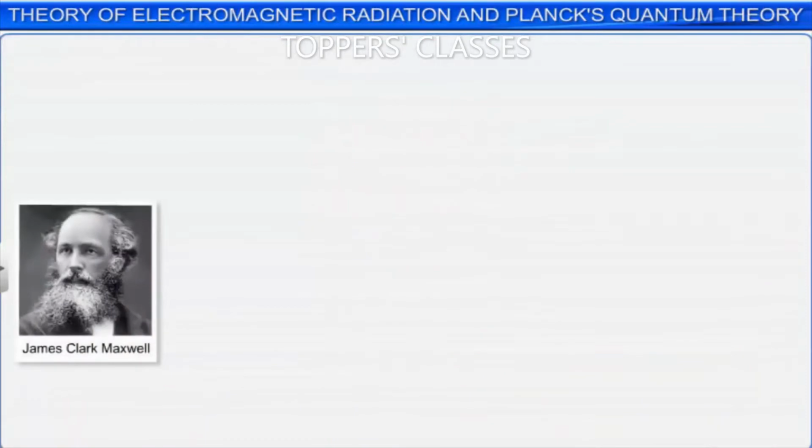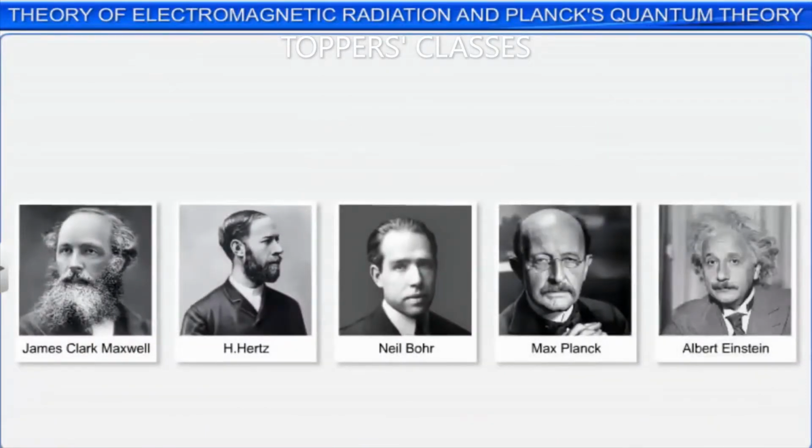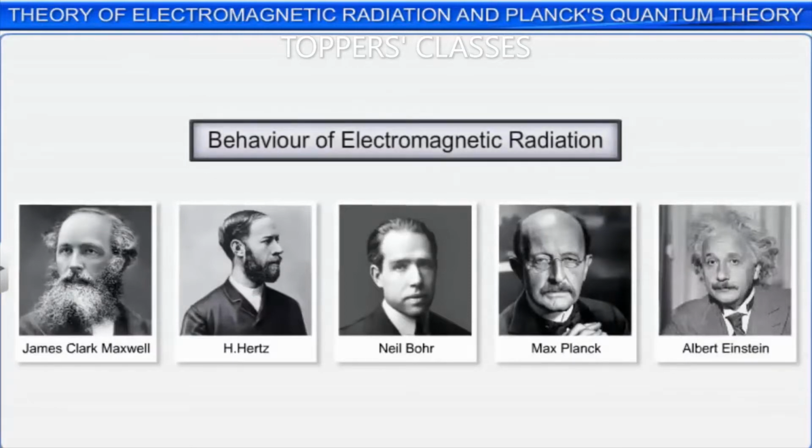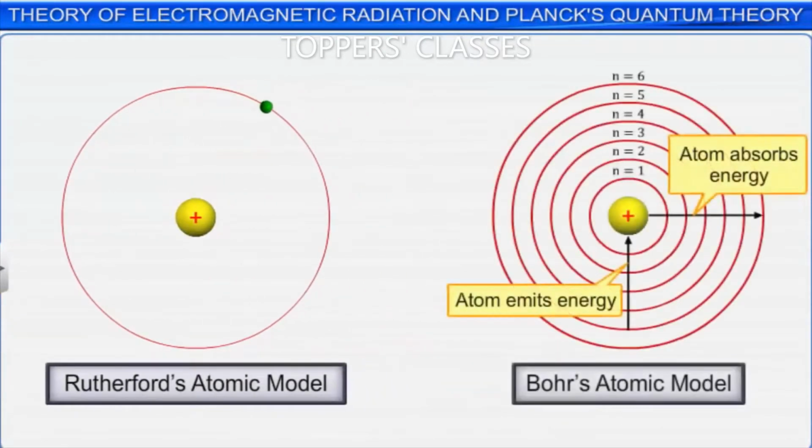These drawbacks inspired several scientists to revisit the historical results about the behavior of electromagnetic radiation and its interaction with matter in order to improve the Rutherford's atomic model. The improvised outcome of the Rutherford's atomic model is the Bohr's atomic model.